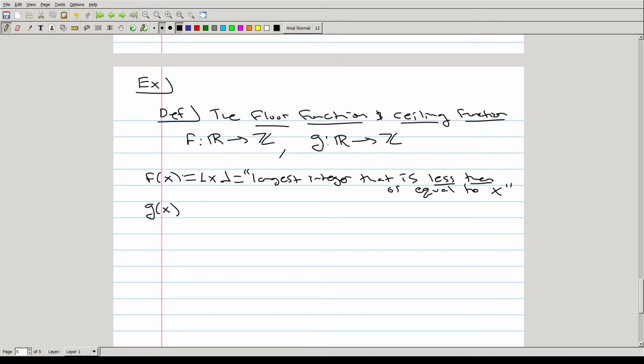The notation for the ceiling function, this means the ceiling function evaluated at real number x, is defined as being the smallest integer that is greater than or equal to x.